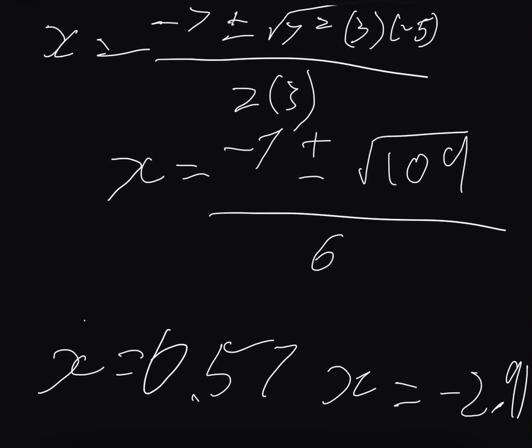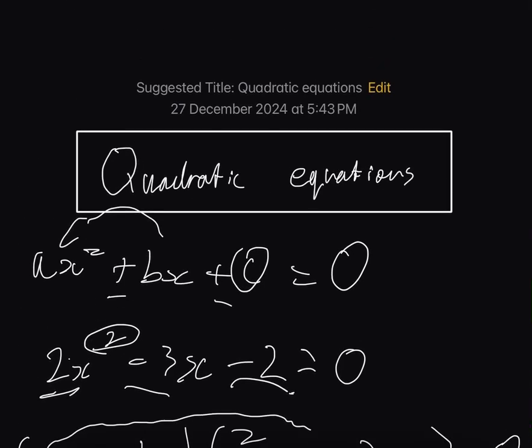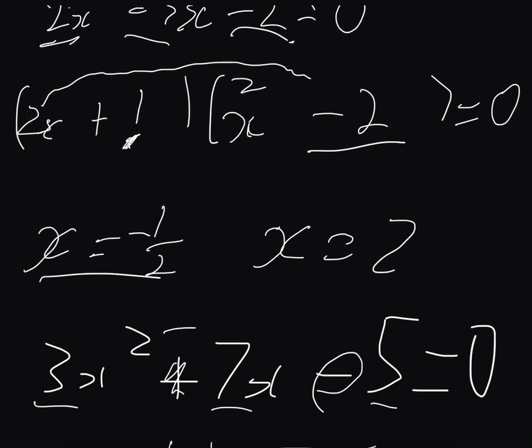And we get two answers because of this plus and this minus. So you'll put it into the calculator twice. First time you'll use plus, and the second time you'll use minus. So these are the two answers for this question, and these are the two answers for this question.